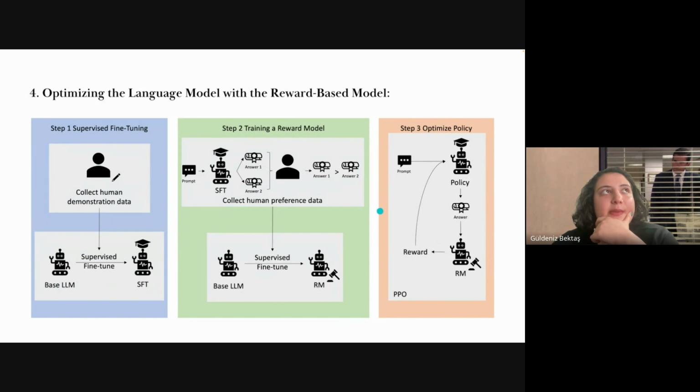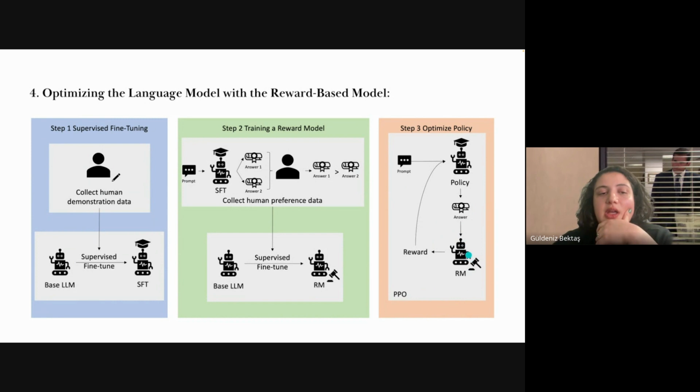like this. So they give a prompt to the fine-tuned LLM, and then you get the answer, and before returning this answer to the prompt, you give this answer to your reward model.